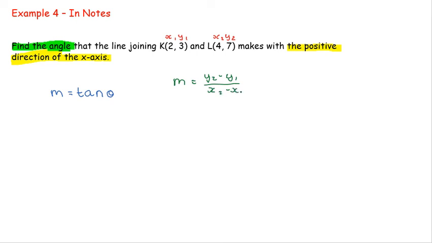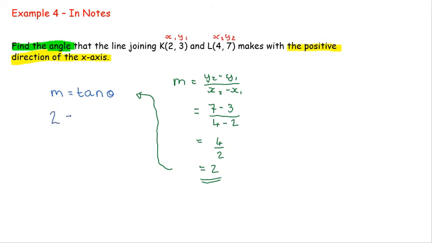Now if you had 2 coordinates, you would always use this formula to get the gradient anyway. So y2 minus y1, 7 take away 3, all over 4 take away 2. So we end up with 4 over 2, which gives us 2. So a gradient of 2. So what we can now do is take that 2 and plug it into m equals tan theta to work out the angle.